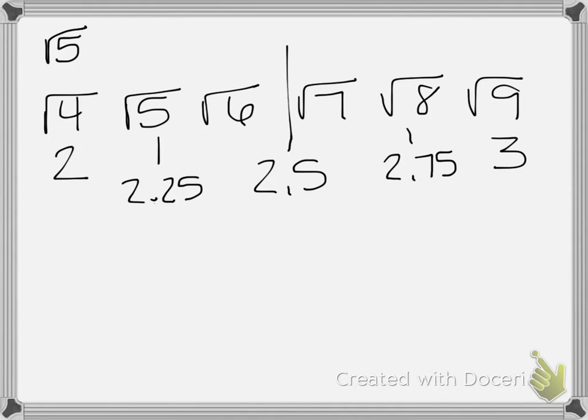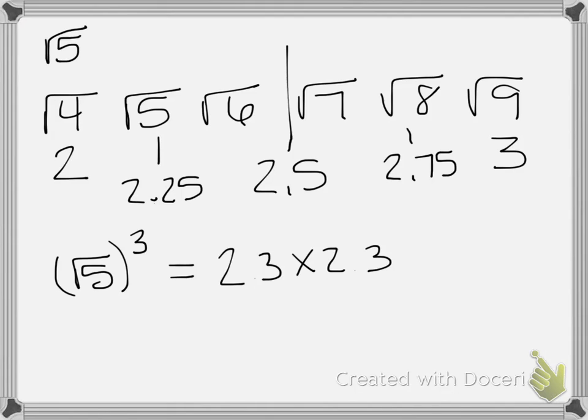Now, knowing that is beneficial. Let's say that you have the square root of 5 to the third. Well, one way to do it is say 2.3 times 2.3 times 2.3. And again, because this is irrational, I'm having to estimate it. That could take a while, because I'm having to multiply a decimal 3 times.